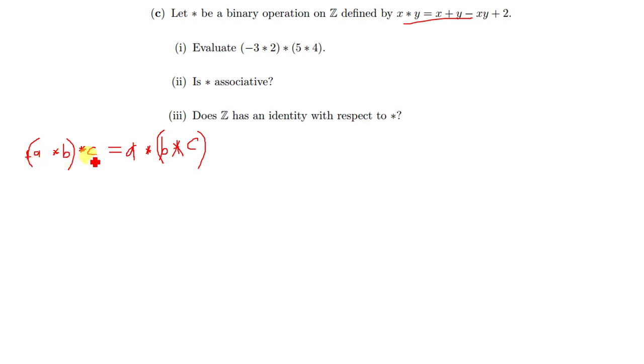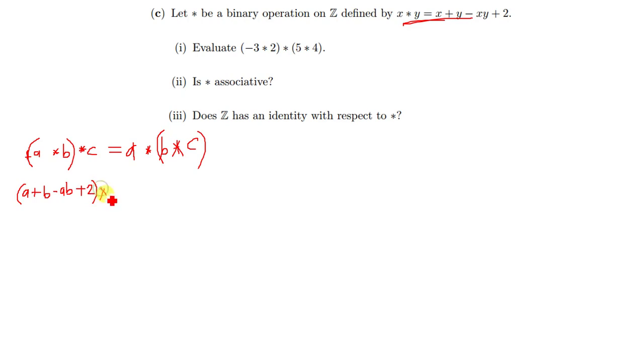So we start first with A star B. So A star B, when we replace it in this expression, we'll have A plus B minus A times B, and then plus 2. So we're going to have something like this.